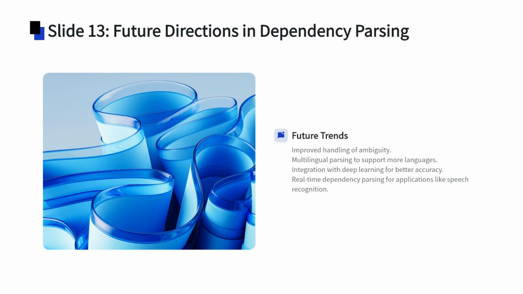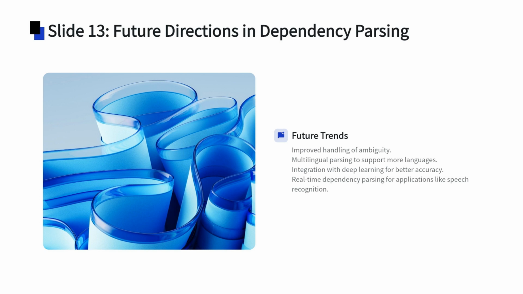Handling ambiguity: research will continue to improve techniques for resolving syntactic ambiguity in sentences, making parsers more robust in real-world applications. Multilingual parsing: as NLP becomes more global, dependency parsers will be extended to handle a wider range of languages, each with its own syntactic structures.